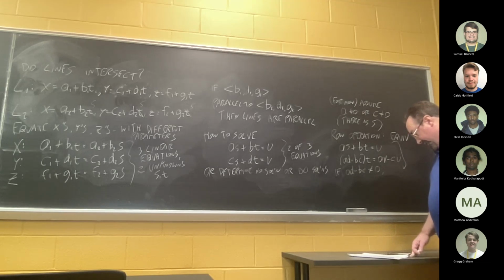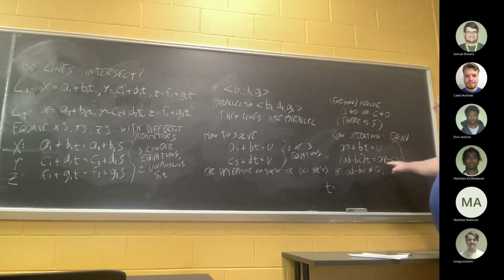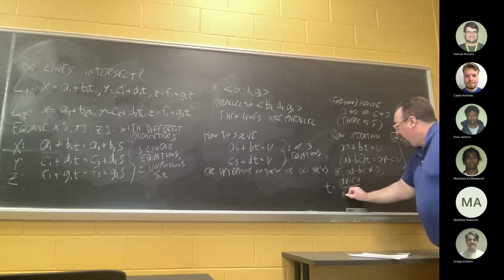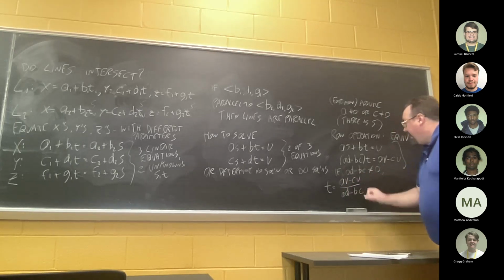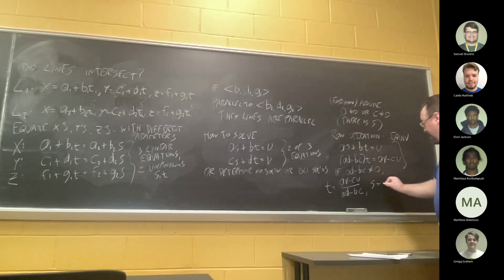T turns out to be this expression, AV minus CU over AD minus BC. And then you can take this expression for T and substitute it into the first equation, and go ahead and solve for S. So your work is done, pretty much.